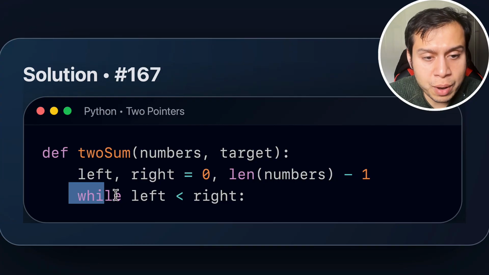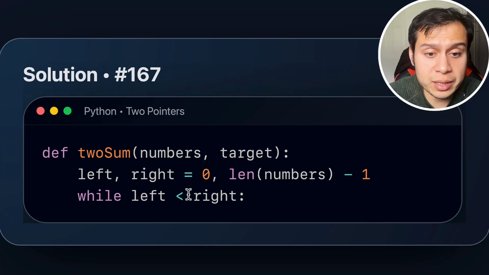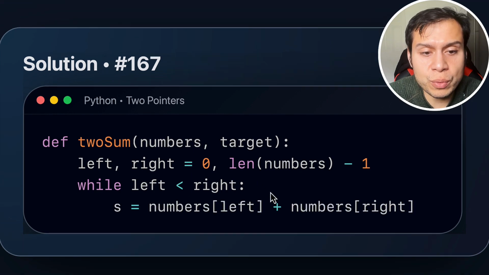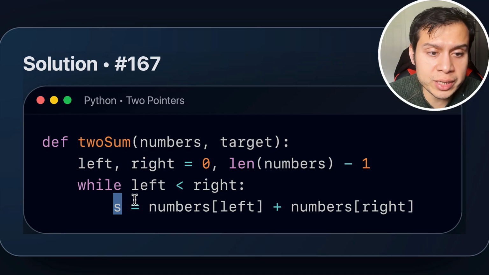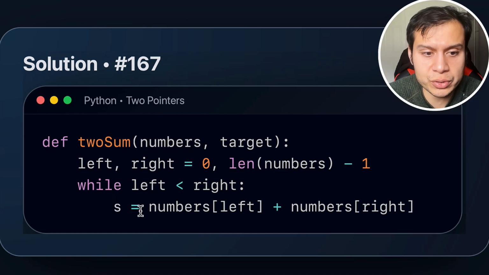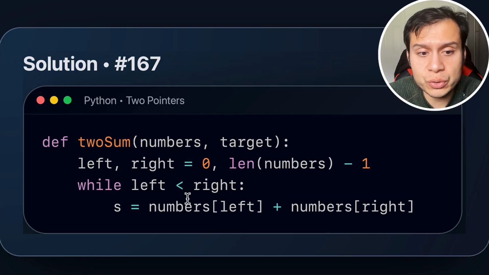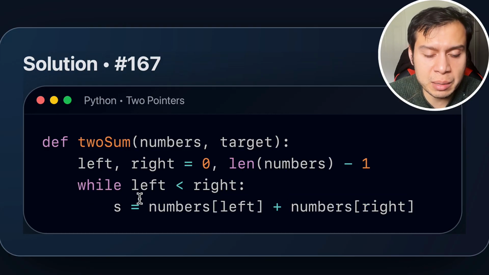Then we're going to try to meet in the middle using a while loop. While the left pointer is less than the right pointer, we're going to initialize a variable called sum, because the question is asking us to add two numbers. Sum is equal to the left number plus the right number. This is our window in the template.